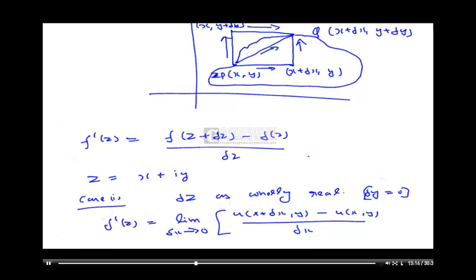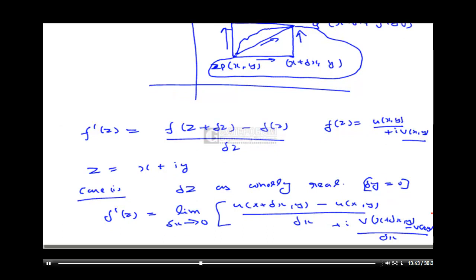Now before this I should tell that f z is composed of u of x comma y plus i times v of x comma y, where u of x comma y is the real part and v of x comma y is the imaginary part. f dash z is my this function plus i times v of x plus delta x comma y minus v of x comma y upon delta x. With this I can write my f dash z as del u by del x plus i times del v by del x.